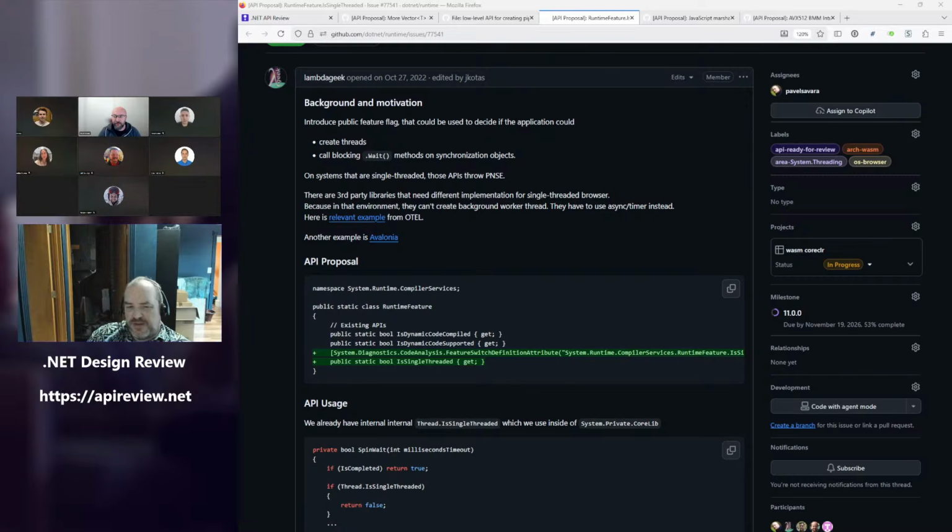I know WASM at some point supported the background worker, but then there were issues with that. Is that gone? So we still have flags that you can turn on the mono WebAssembly browser target that will make it multi-threaded, but that's not production ready.